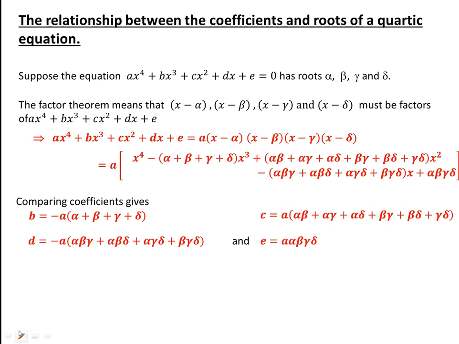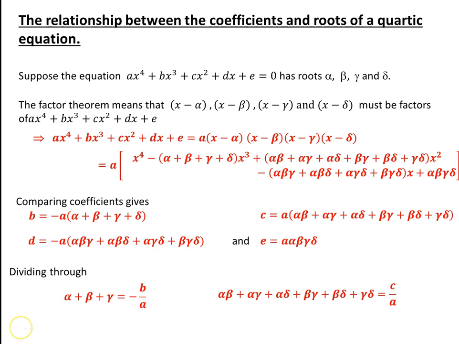If I divide the first of these results by minus a, I get minus b upon a equals alpha plus beta plus gamma plus delta. If I multiply the second of these results by a, I get c upon a equals alpha beta plus alpha gamma plus alpha delta plus beta gamma plus beta delta plus gamma delta.